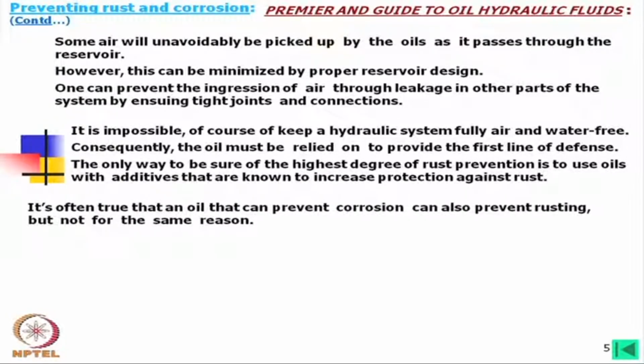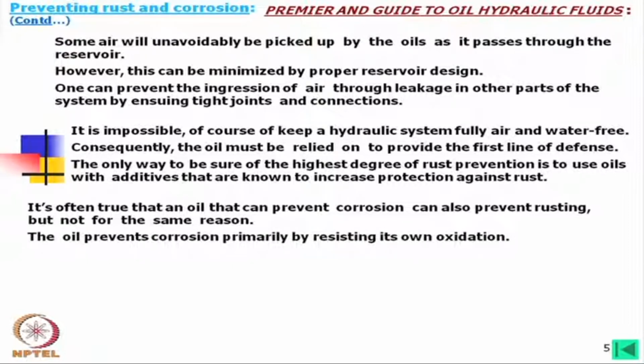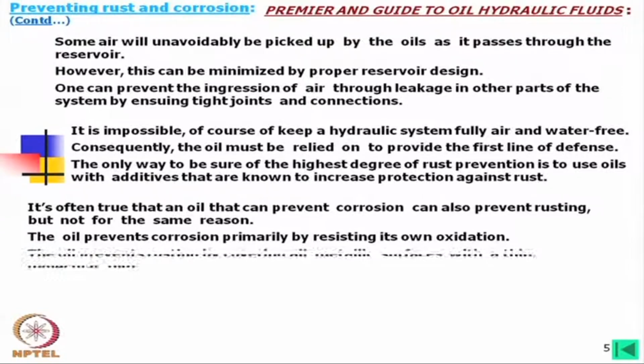It is often true that an oil that can prevent corrosion can also prevent rusting, but not for the same reason. The oil prevents corrosion primarily by resisting its own oxidation. The oil prevents rusting by covering all metallic surfaces with a thin molecular film.